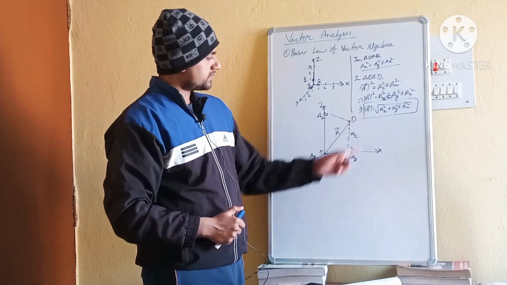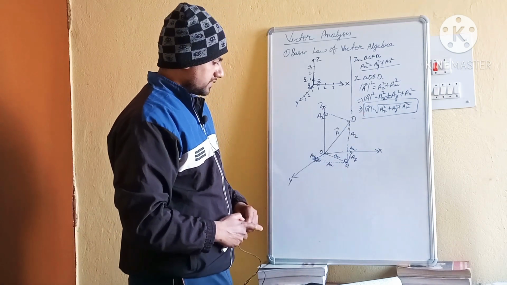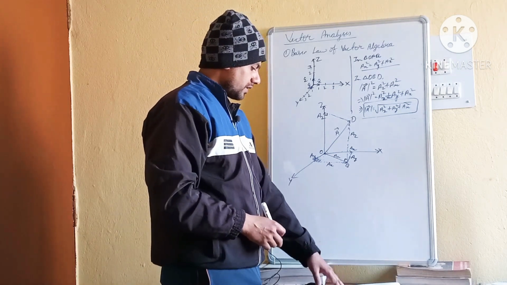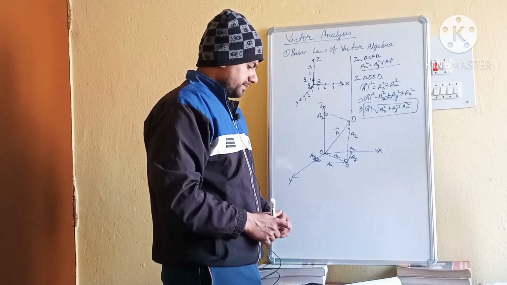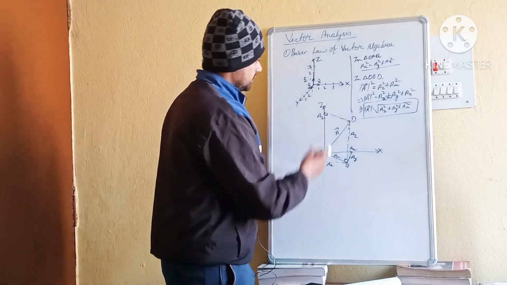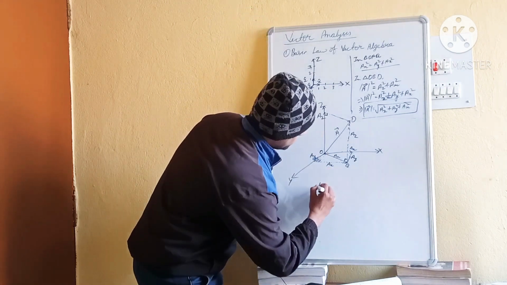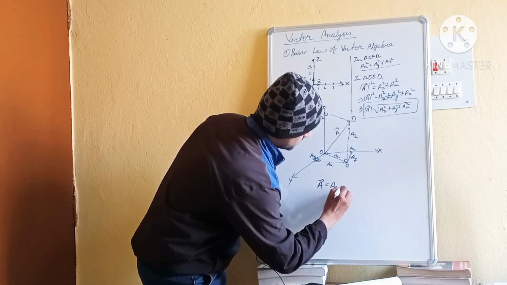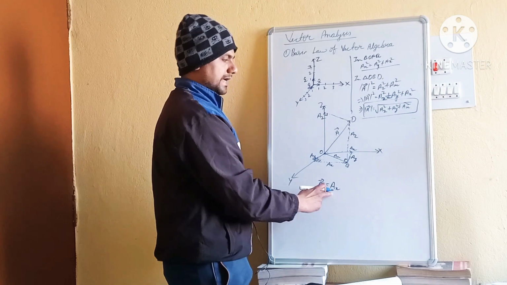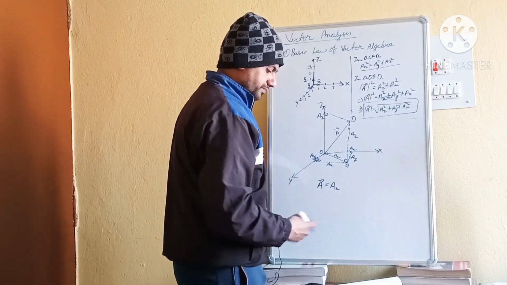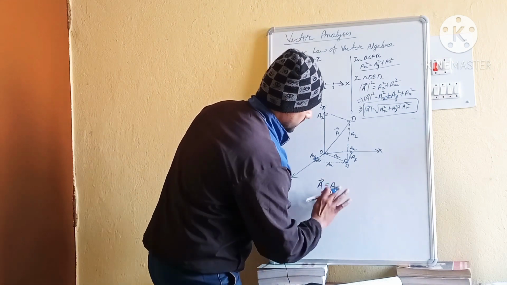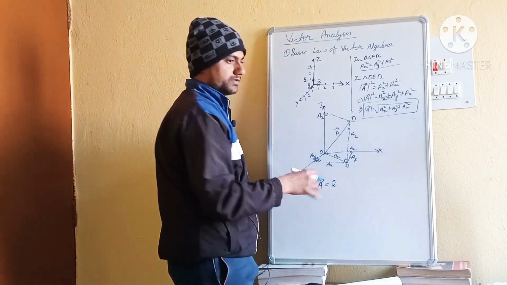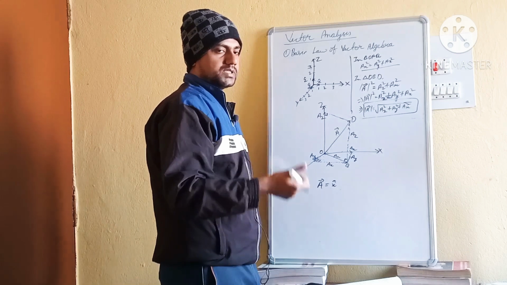The same vector A can also be represented using unit vector notation. So how can we represent this vector A? Ax means the component of vector A along the x-axis, and then we have x cap, which means unit vector. The unit vector is only to represent the direction.